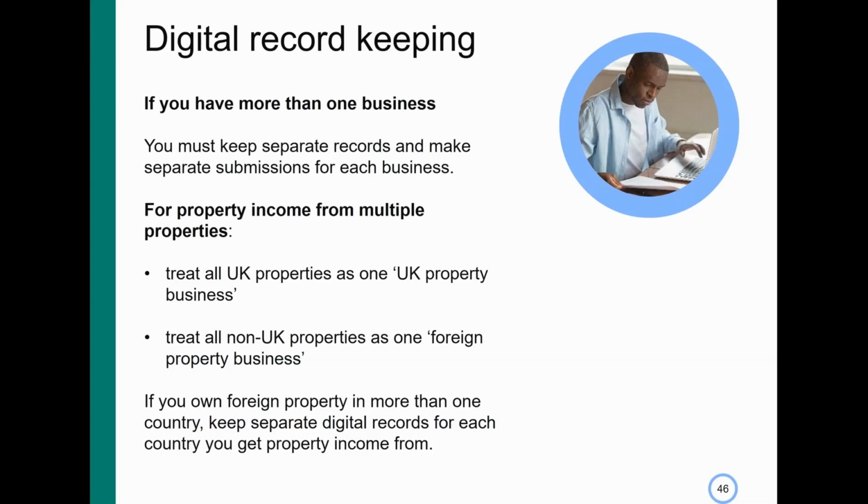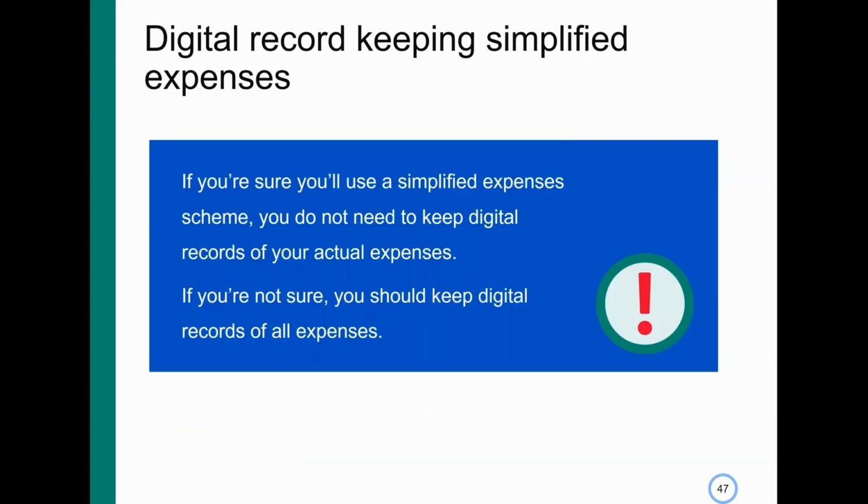If you own foreign property in more than one country, keep separate digital records for each country. If you're sure you'll use a simplified expenses scheme, you do not need to keep digital records of your actual expenses. If you're not sure, you should keep digital records of all expenses.